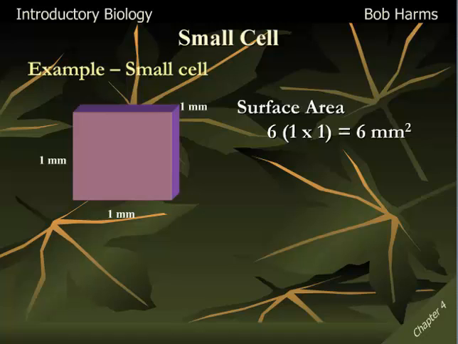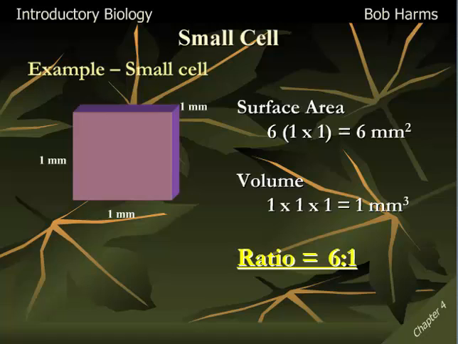So our surface area for a box that's 1 millimeter by 1 millimeter by 1 millimeter would be 6 square millimeters. The volume is the height times the width times the depth, or in this case 1 times 1 times 1. So this particular cell has a surface area to volume ratio of 6 to 1, meaning for every one unit of volume inside that needs food and nutrients, there are 6 units of surface area to do that exchanging, to keep the volume fed, to remove waste, to exchange gases and water, and so on.